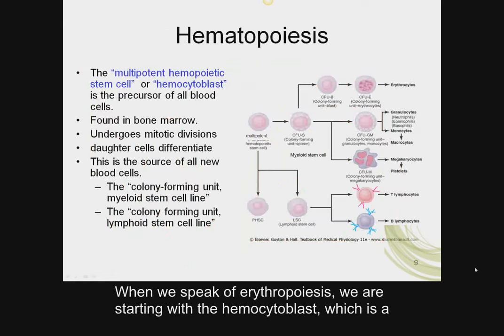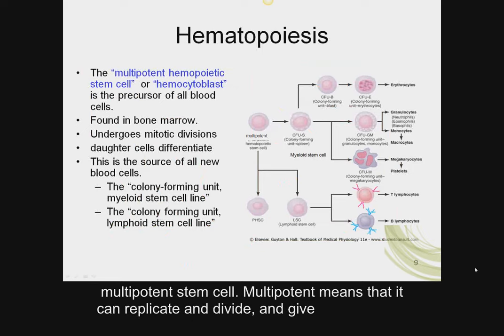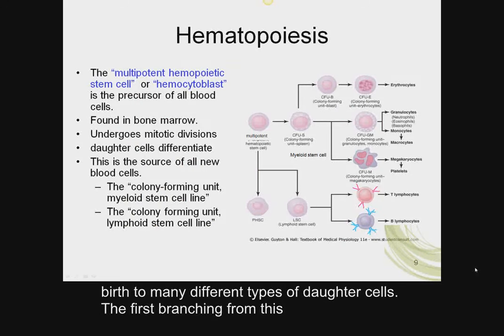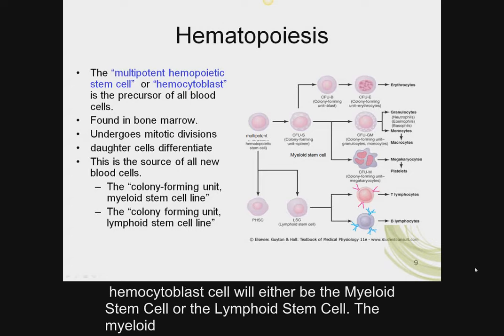When we speak of erythropoiesis, we are starting with the hemocytoblast, which is a multipotent stem cell. Multipotent means that it can replicate and divide and give birth to many different types of daughter cells. The first branching from this hemocytoblast will be either a myeloid stem cell or a lymphoid stem cell.